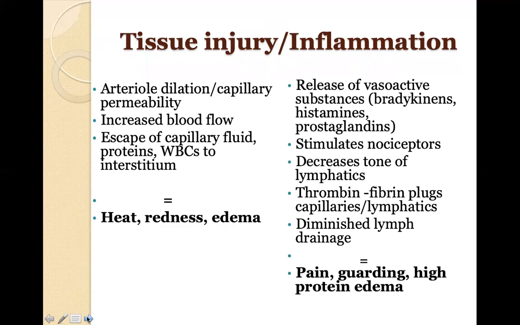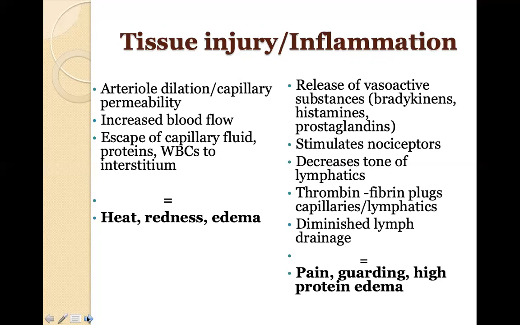All of this causes swelling, redness, and heat because of that marked increase in blood flow. But then along with that, you have all those hormones and enzymes released, bradykinins and histamines and prostaglandins, and all those things that cause us to have pain, cause us to have more swelling, and those are also indicators of tissue inflammation.